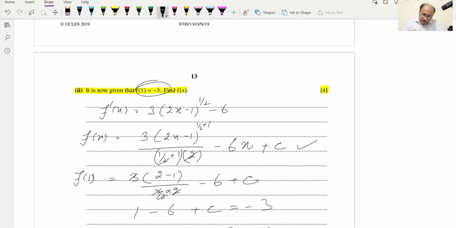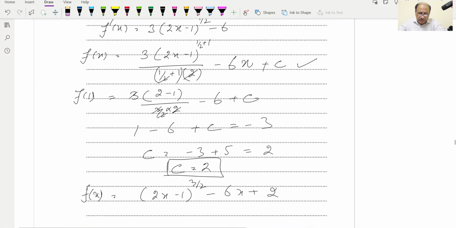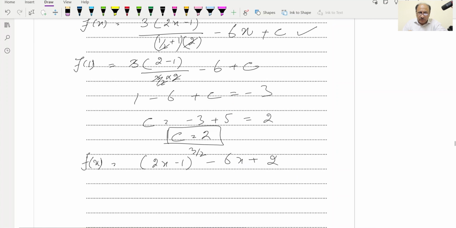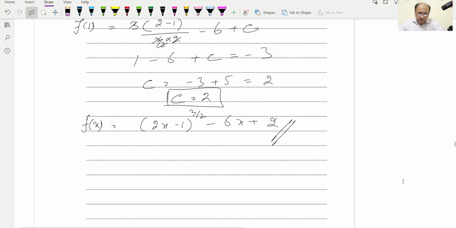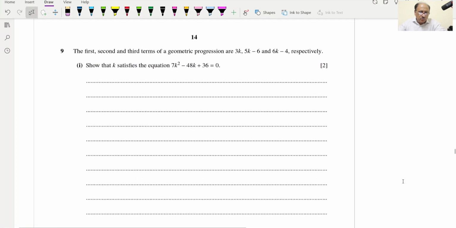We can check this cancellation, and hopefully you understood this. After cancellation we get (2x minus 1) raised to 3 by 2, minus 6x, plus 2, and this is the final function which we were supposed to write.